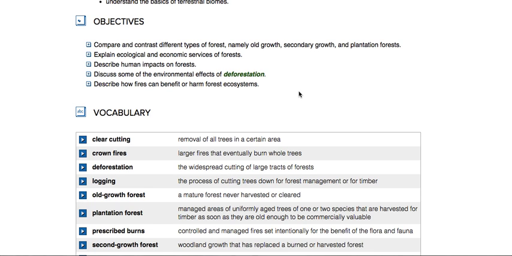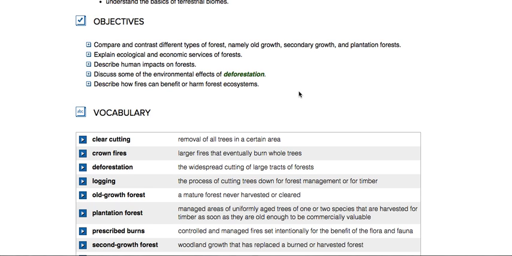Understand what human impacts are on forests, discuss some of the environmental effects that result from deforestation, and then be able to talk about how forest fires are beneficial in some cases or harmful in other cases to forest ecosystems. So those are the objectives that hopefully you have understood as you've gone through the lesson.